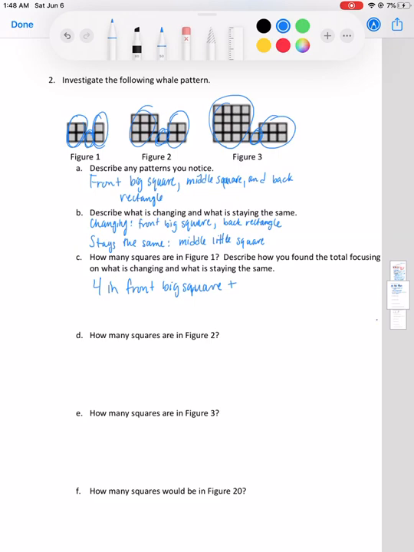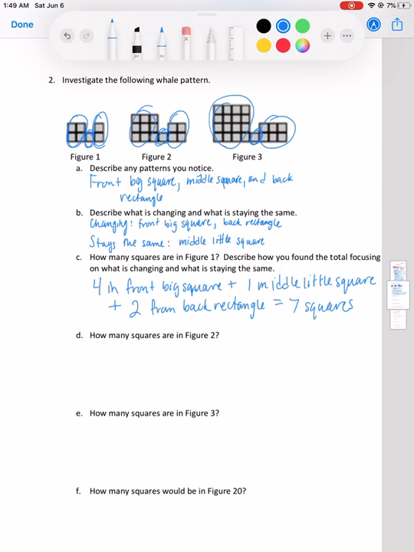And I'm going to add on the middle square, so there's one middle little square. And then I'm going to add on the back, 2 from the back rectangle. When I add all of those up, I have 4 plus 1 is 5, plus 2 makes 7 squares. Okay, so figure 1 has 7 squares.